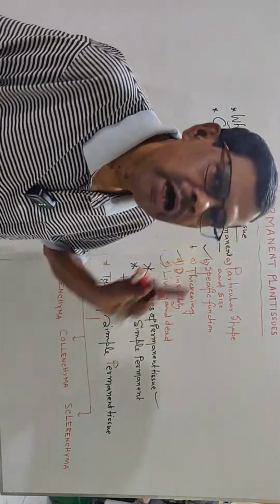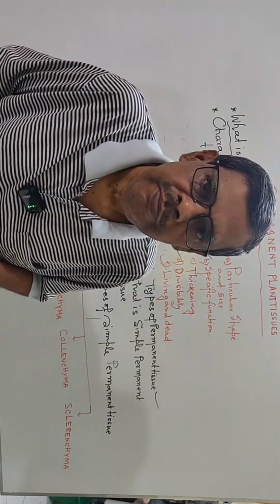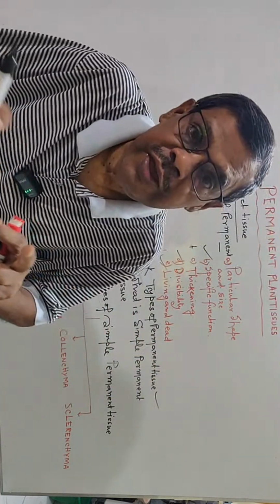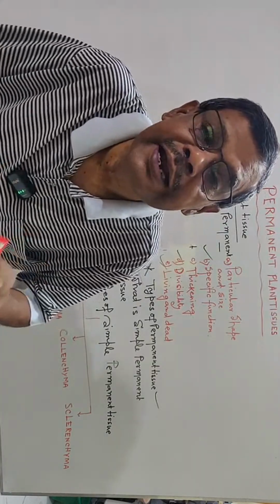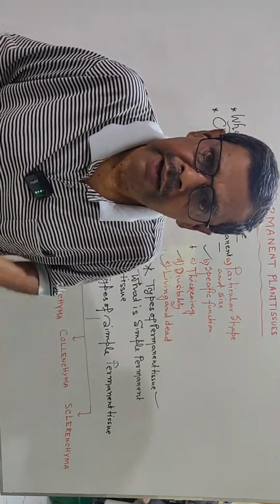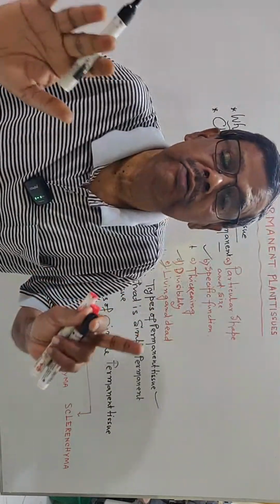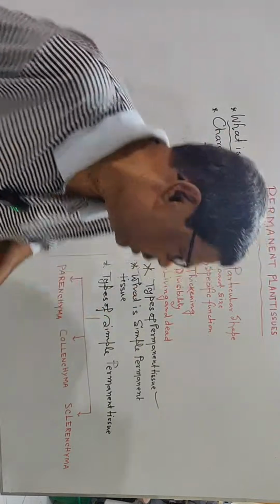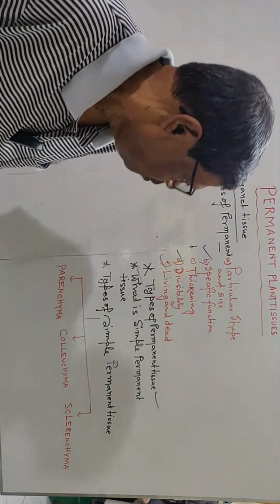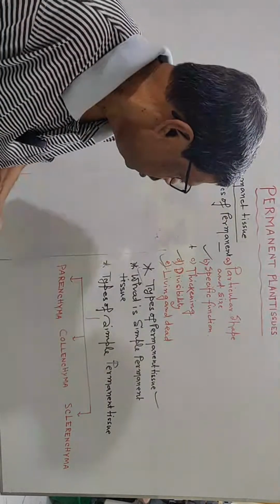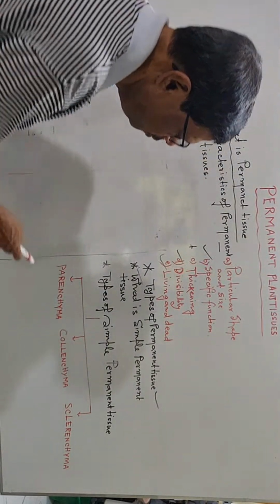In complex permanent tissue, the cells are same in origin, but they may be different types of cells, but collectively they perform a particular function. These are simple and complex permanent tissue.